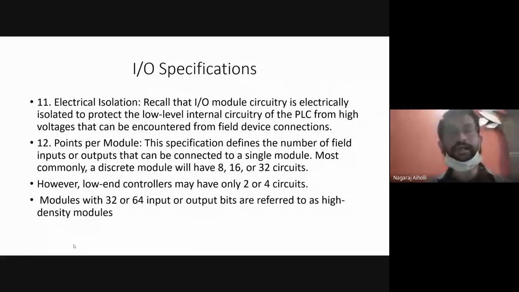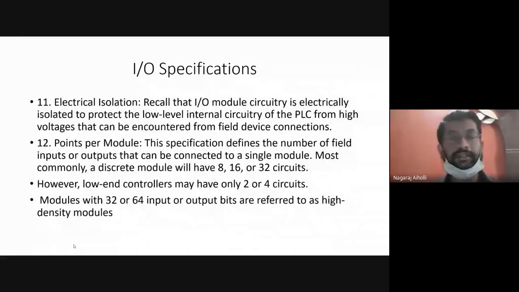Optical isolator, optocoupler. Is it not? We used the optocoupler when we were discussing the analog input module and analog output module, how it works, what the circuit is. There we discussed the optocoupler, or the optical isolator circuit.